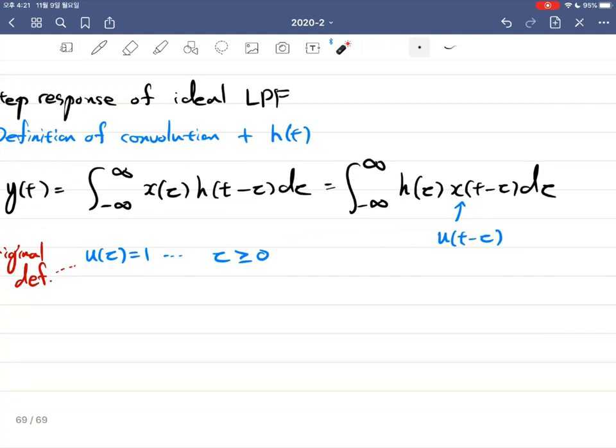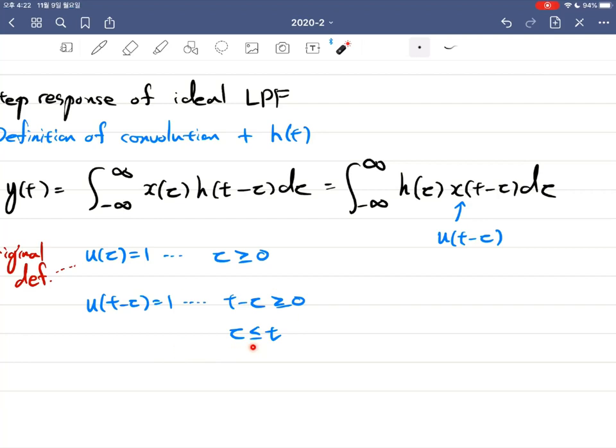And if you want to apply it to this u(t minus tau), then I always said you just put it in the original definition. Then you will have this for t minus tau. But you have to understand that the variable inside this integration is tau. So you have to look at the tau, which means if tau is smaller than or equal to t, then you will get the value 1.